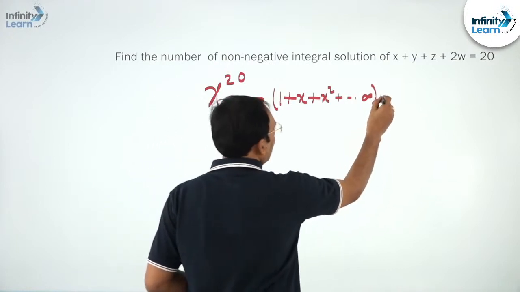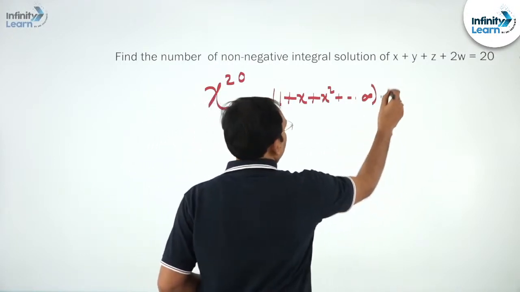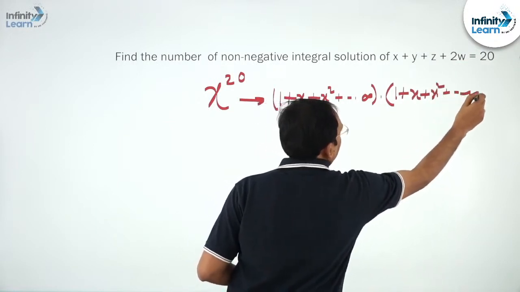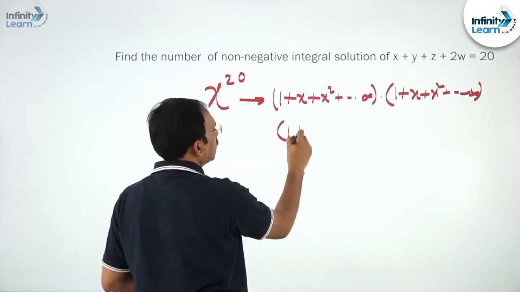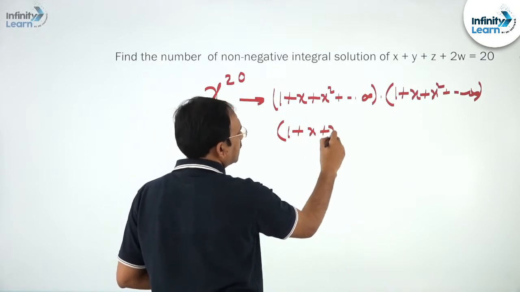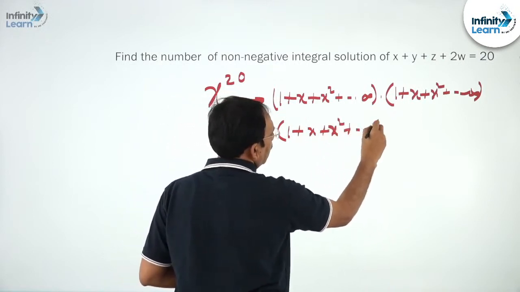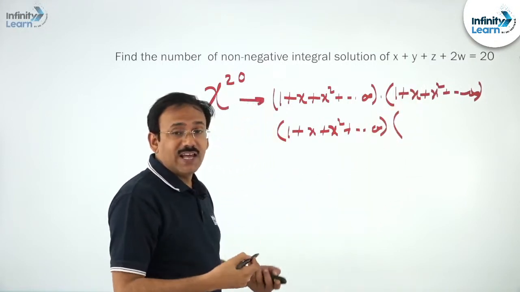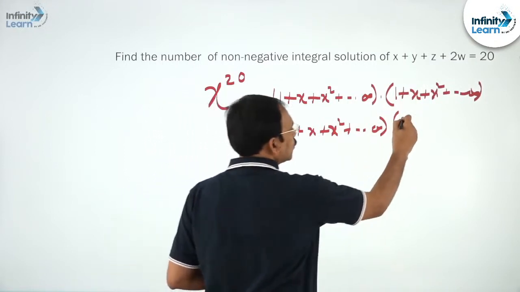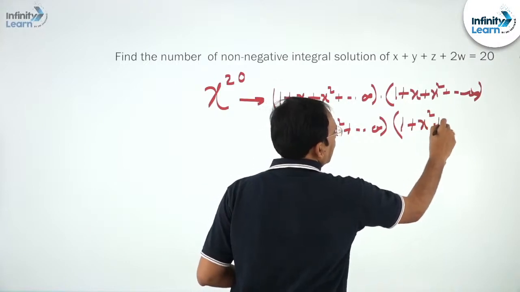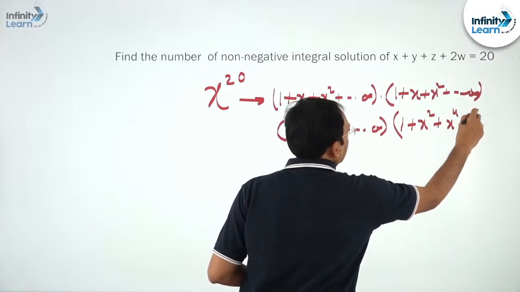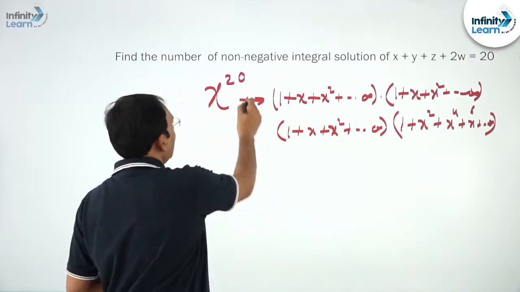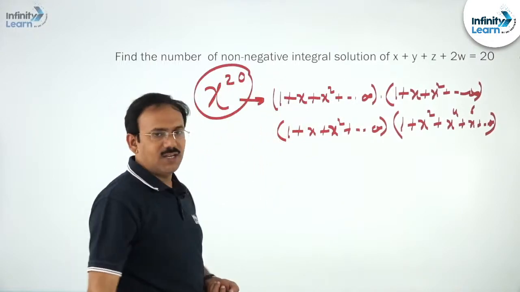Similarly, for y also you can take an expression like 1 plus x plus x square and so on, infinite. For z also 1 plus x plus x square and so on, infinite. For 2w, there we will be getting only multiples of 2. So 1 plus x square plus x power 4 plus x power 6 and so on, infinite. In this product you can collect the coefficient of x power 20, friends.